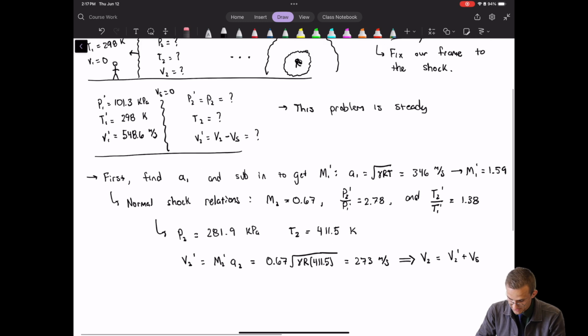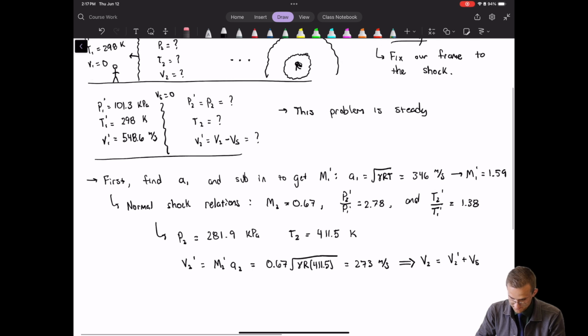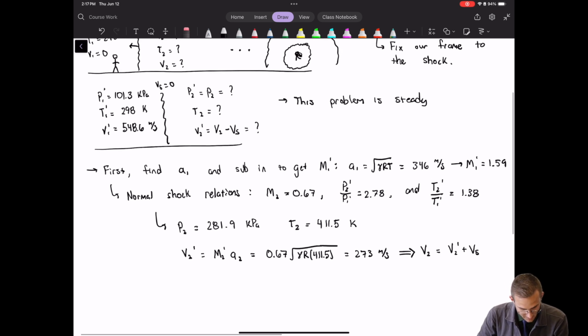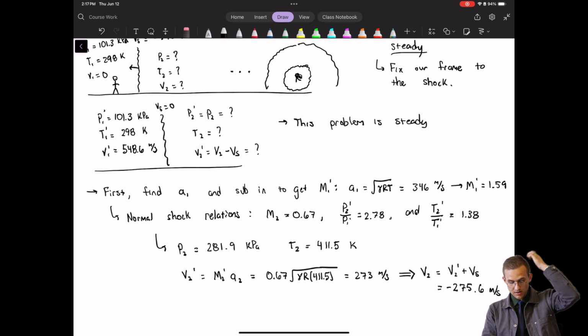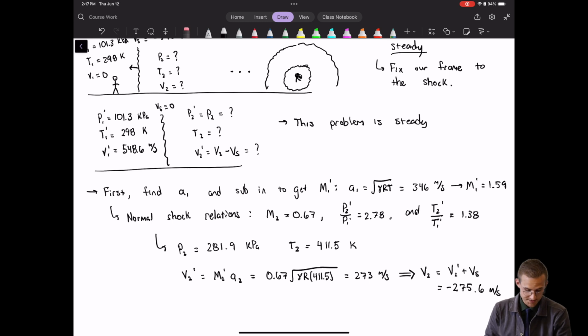So that tells us that V2 is negative 275.6 meters per second. Okay, so after the shock passes, the flow is sort of following after the shock direction at 275.6 meters per second.